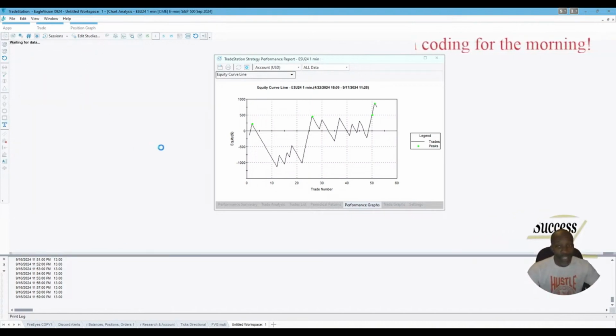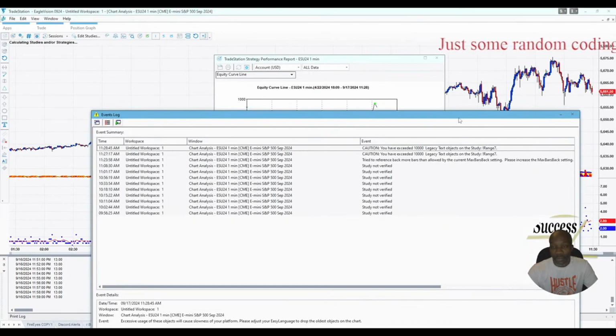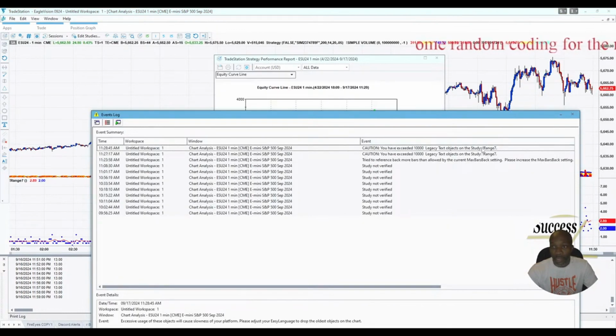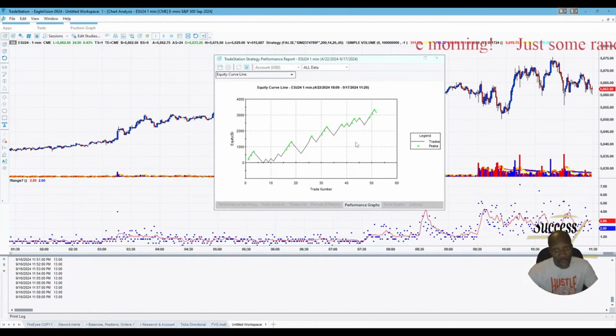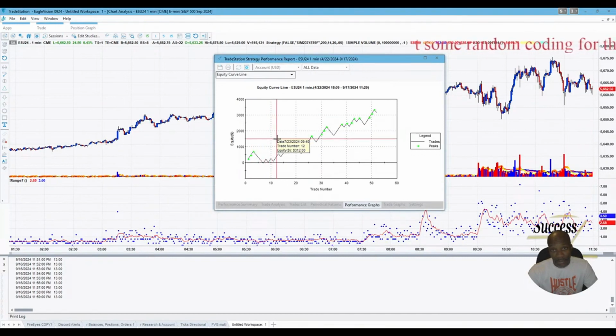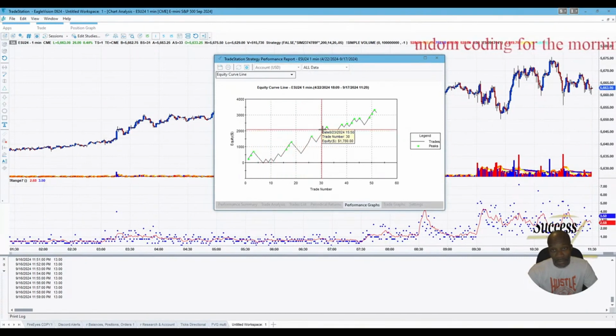You made 1 point on average. This is going to be terrible also. We still got the same error. Exceeded. No, that's pretty good. This is something that I can filter out and make pretty good.